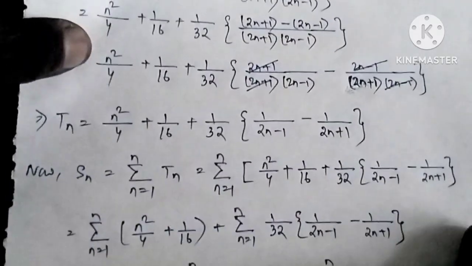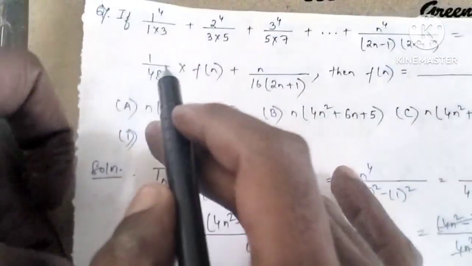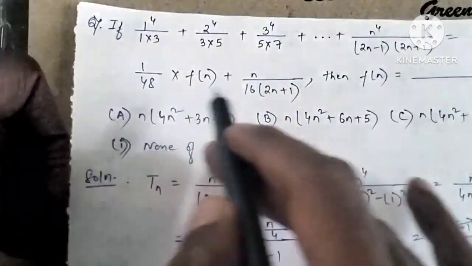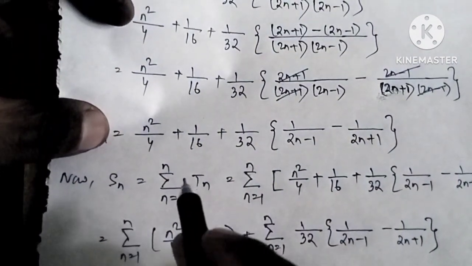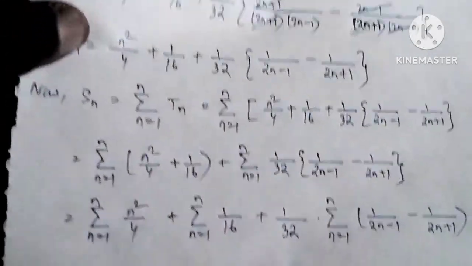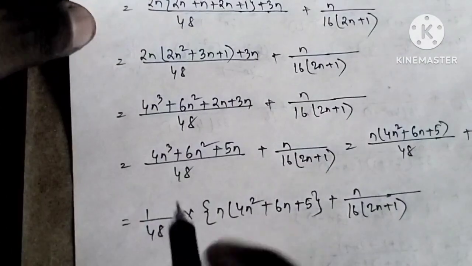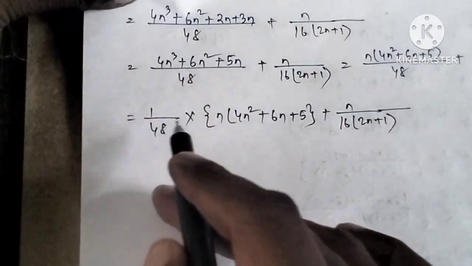Then the sum of n terms, sigma Tn, we did operations on this, and ultimately our Sn is this one.